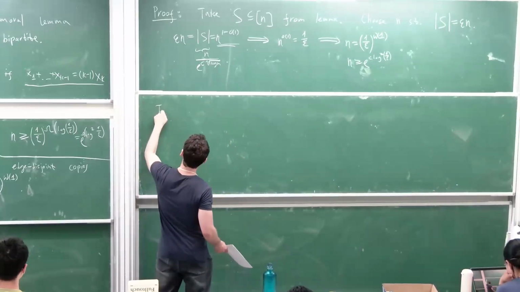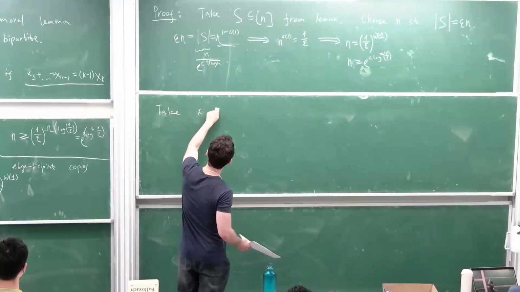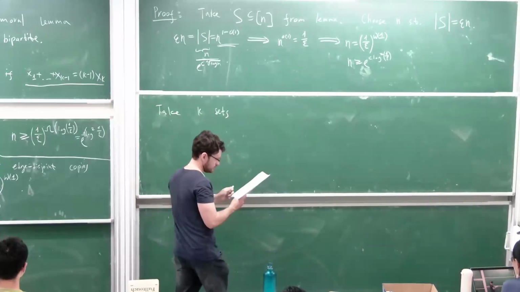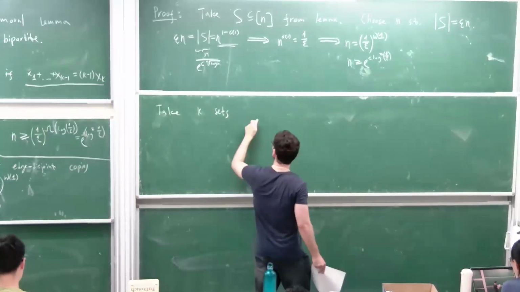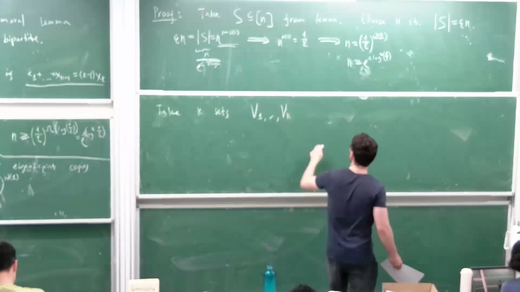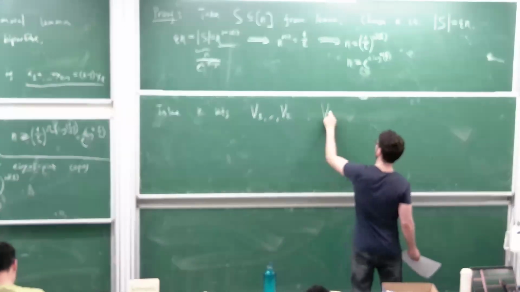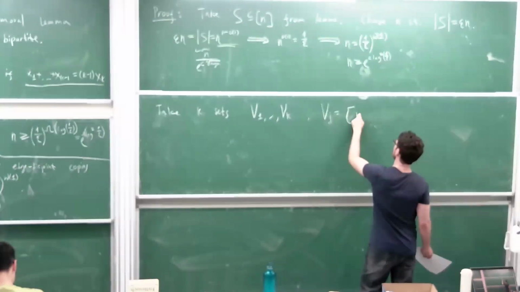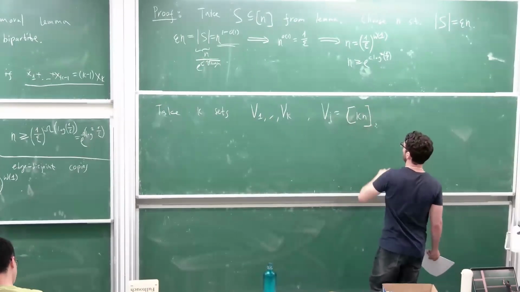We take k sets B1 up to Bk, and we identify each of the sets with the numbers from 1 up to kn.